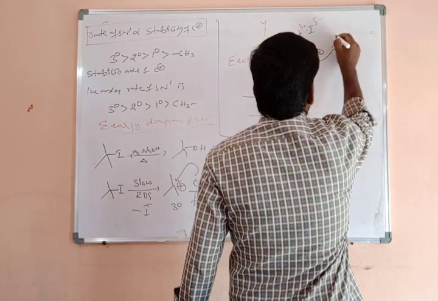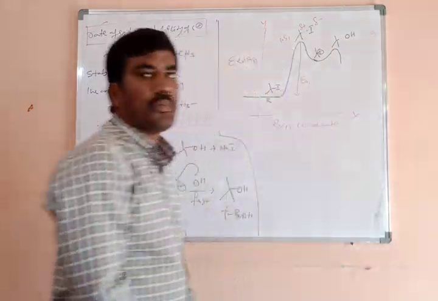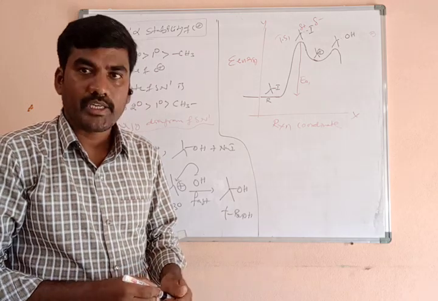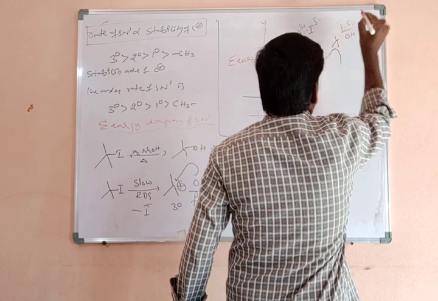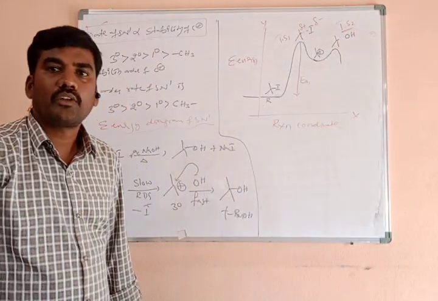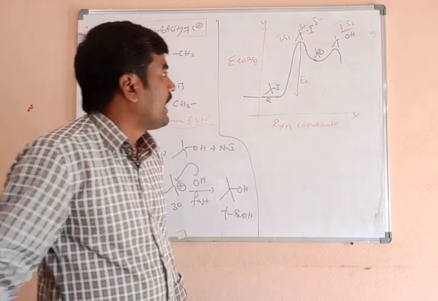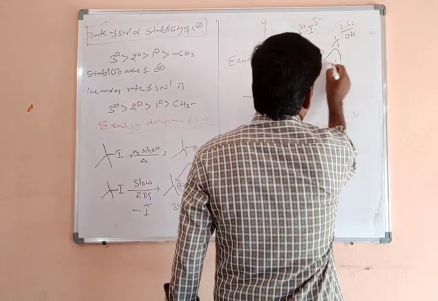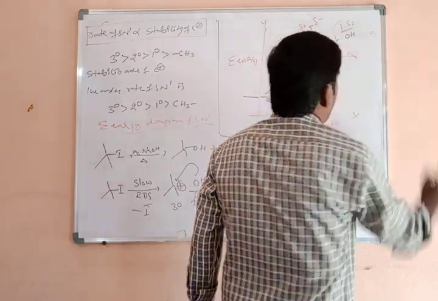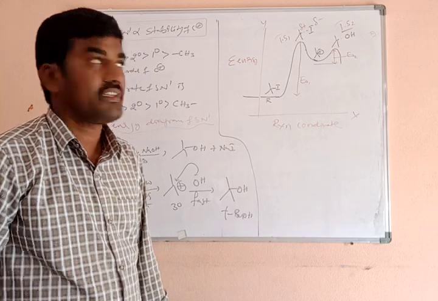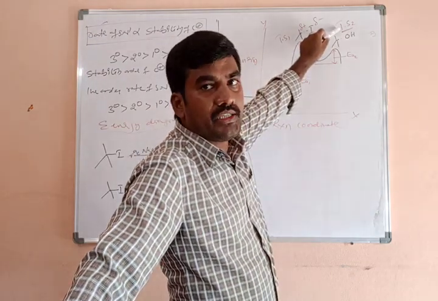At this peak of the curve, the bond between nucleophile and carbon is partially bonded. This is TS2, transition state 2. This energy is called EA2, the second activation energy.